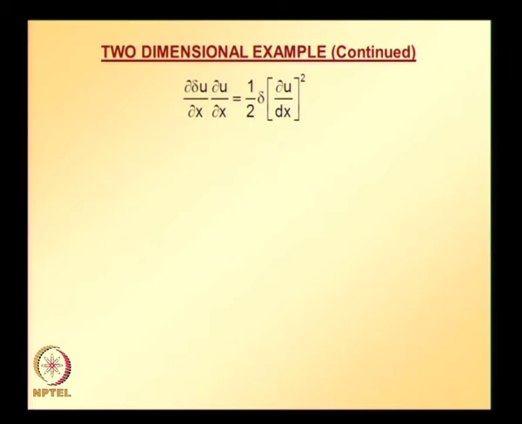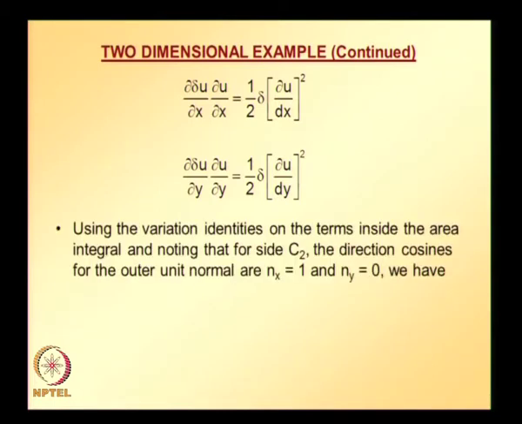This is one of the identities that we noted, and similarly we can write the second identity given in the second equation. So, using the variational identities on the terms in the previous equation of the equivalent variational form, the terms inside the area integral.